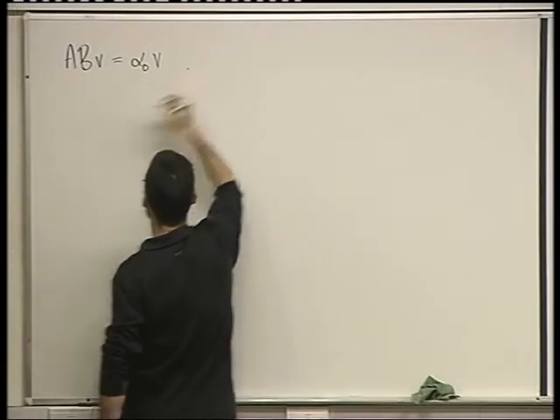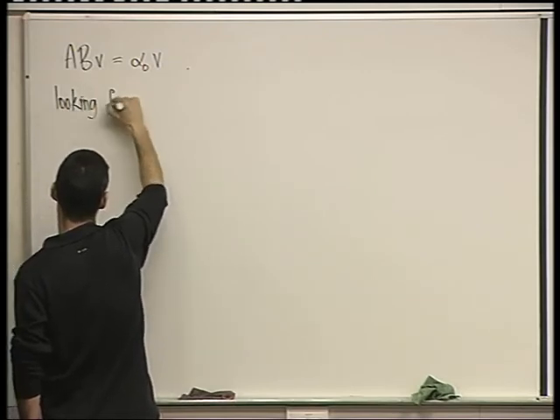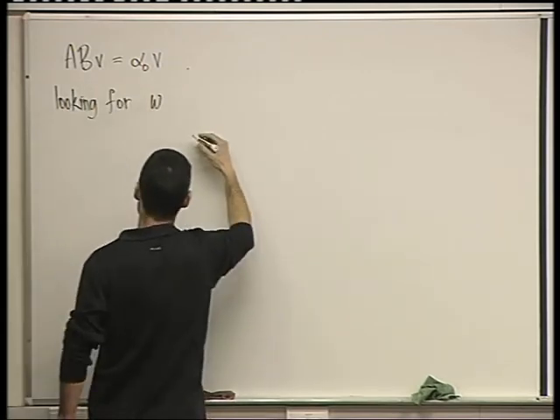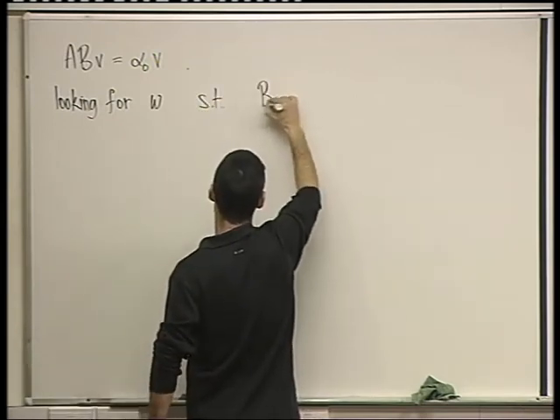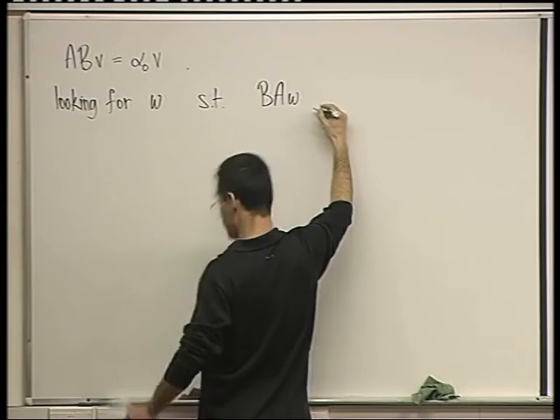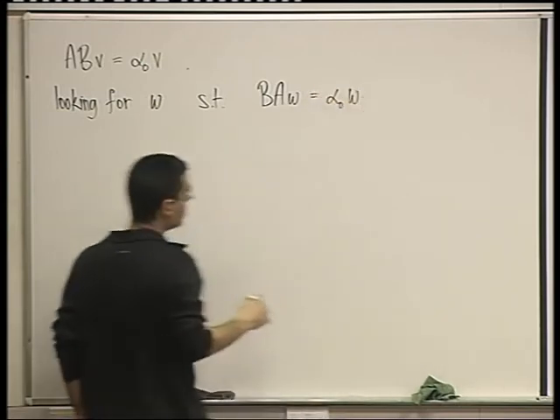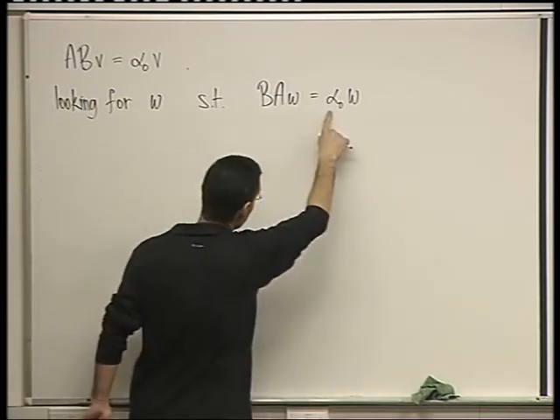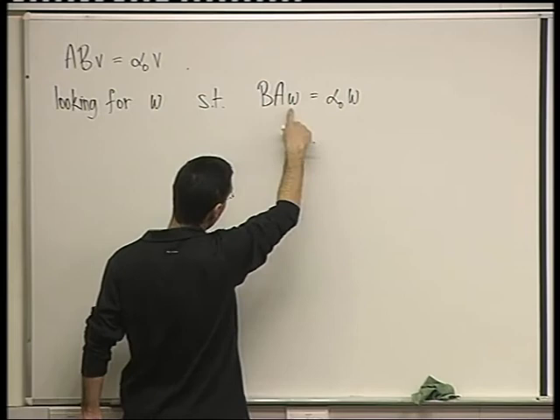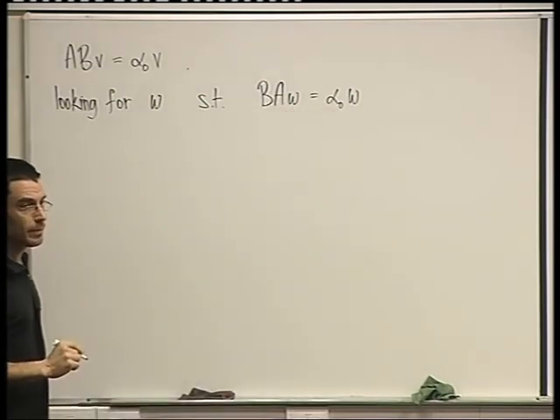We're looking for some W such that BA times W equals alpha 0 W. That would mean that alpha 0 is an eigenvalue of BA as well with that eigenvector W. Good?